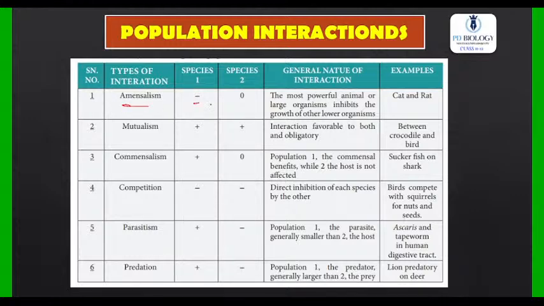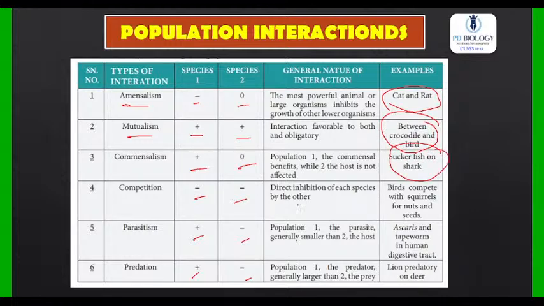Commensalism 0, mutualism ++, commensalism +0, competition --, parasitism +-, predation +-. So you can get these examples. That's the best way to remember: cat and rat, predation. Between crocodile and bird, mutualism.